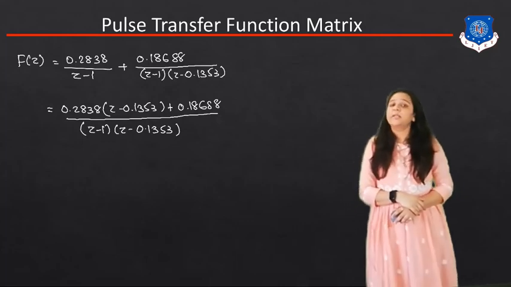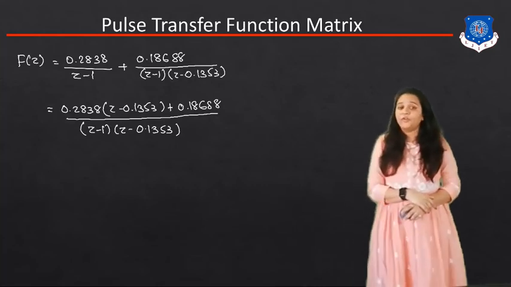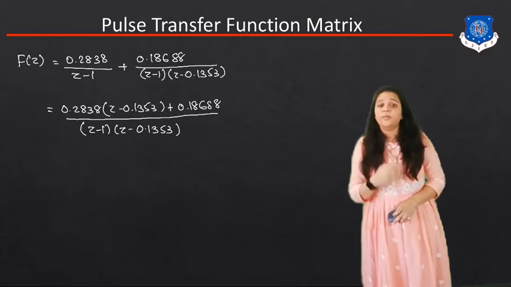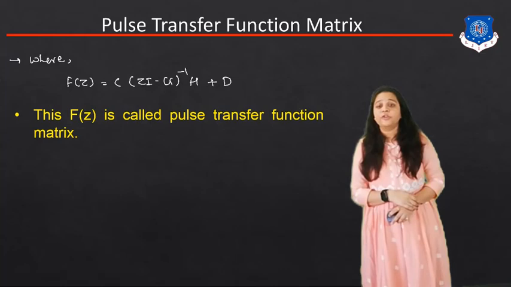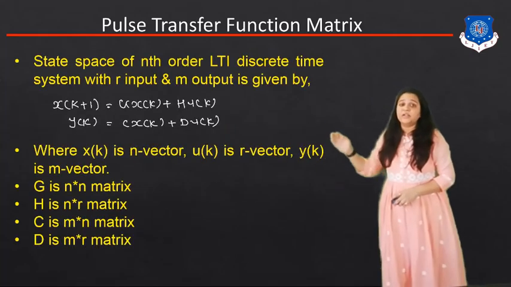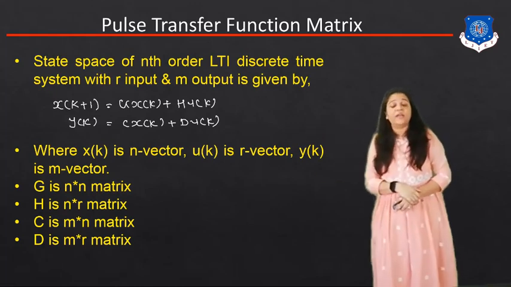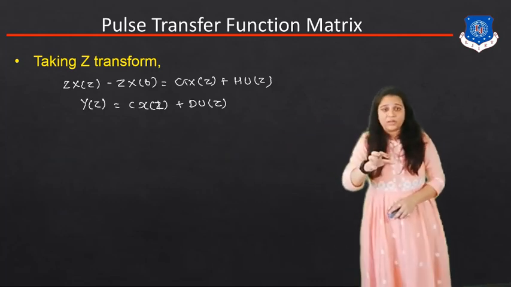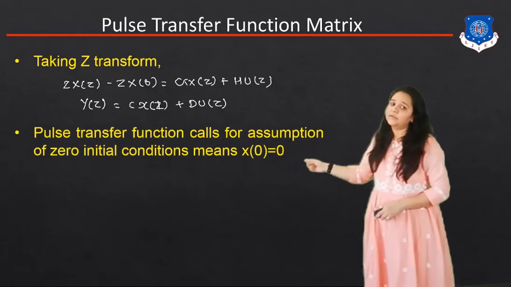Okay, so using the pulse transfer function matrix, we can easily find the value of the function of z. For that, we have to convert the pulse transfer function matrix equation, and we have to follow this theory where they give the equation of the discrete time system, that is x of k plus 1 and y of k, and we take the Z transform of this equation, and the must condition is that we take the initial condition equal to 0.